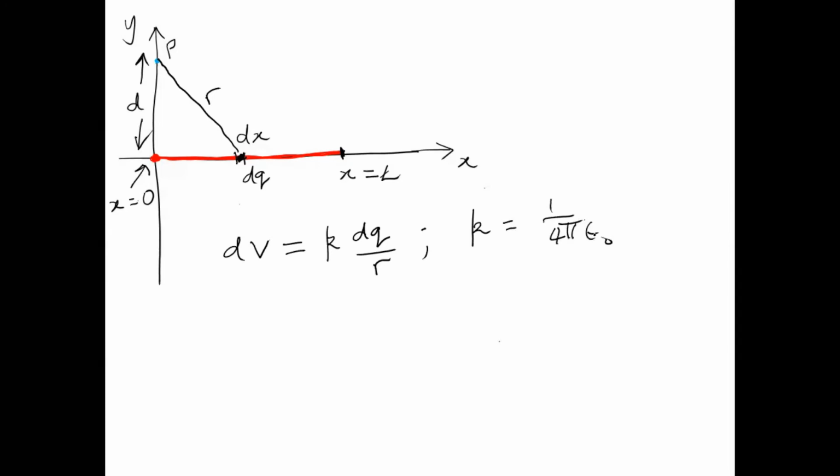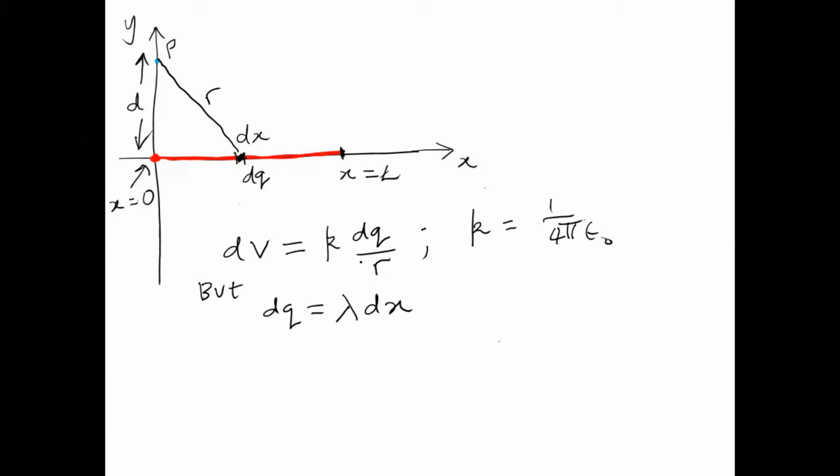The next thing to do is this dq can be written in terms of an appropriate charge density. In this case, since this is a line, it is a linear charge density. So dq is lambda times dx. Now, as we had seen earlier, this R is also a variable.